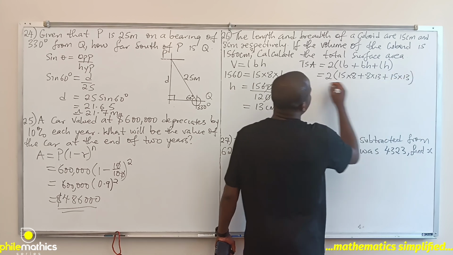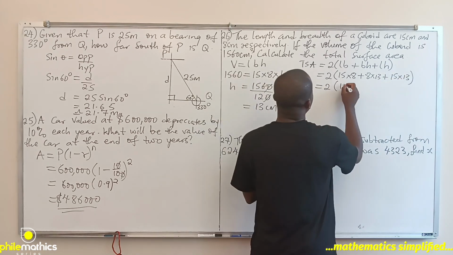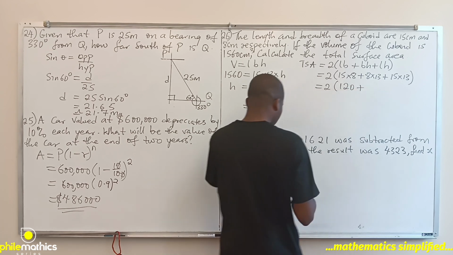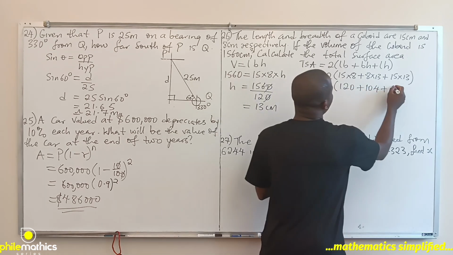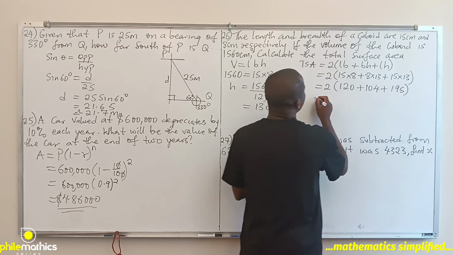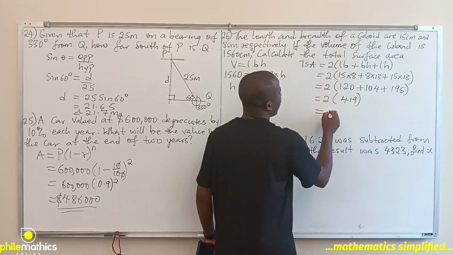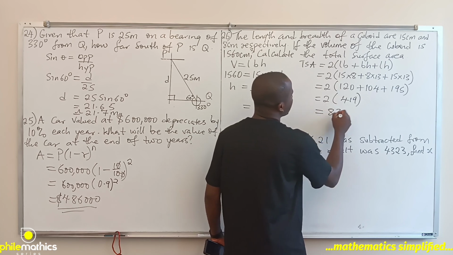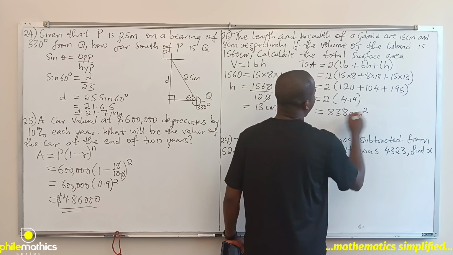So if we do that, 15 by 8 is 120, 8 by 13 is 104, 15 by 13 is 195. And so this will be 419. And if we multiply it by 2, we'll have 838 centimeter square.